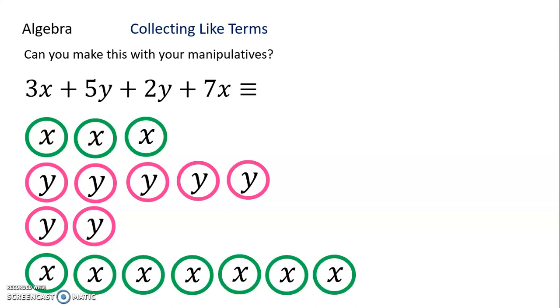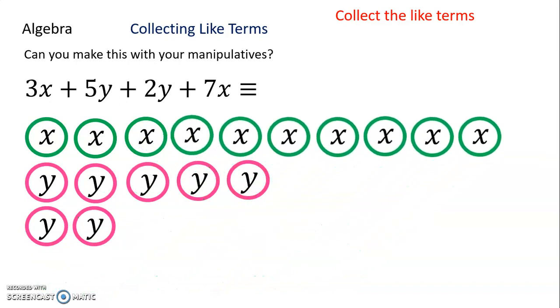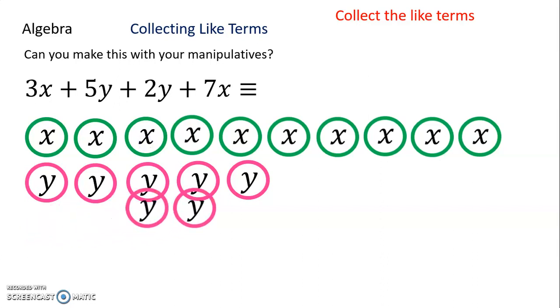So what I'm going to do here is collect together my like terms, and I'm actually going to move the 7x up so that it's on the end of the 3x, so that I've got one row of x's, and then I'm going to collect together the y's as well.